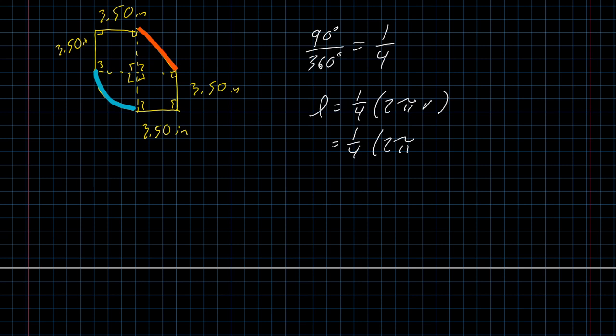The radius of the circle is going to be the length of this bit, and since I have a square sitting right next to that bit, that length is the same as this length, 3.50 inches.